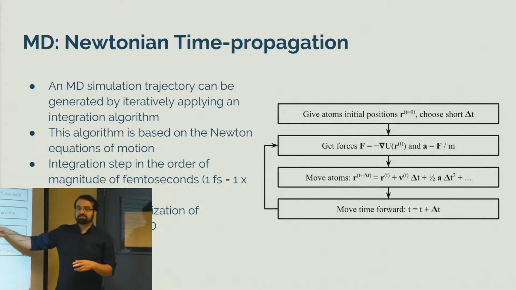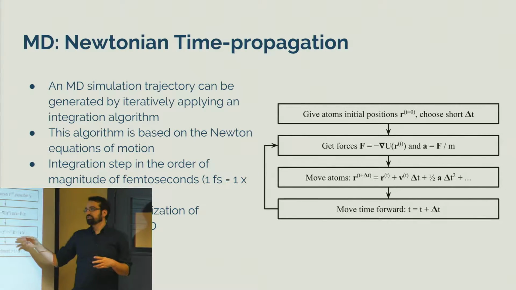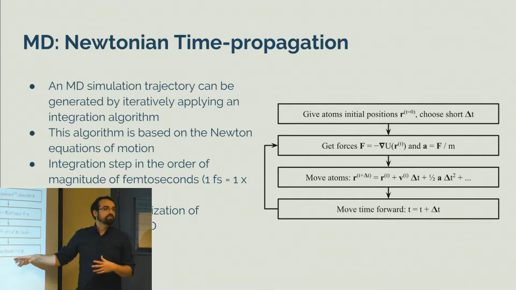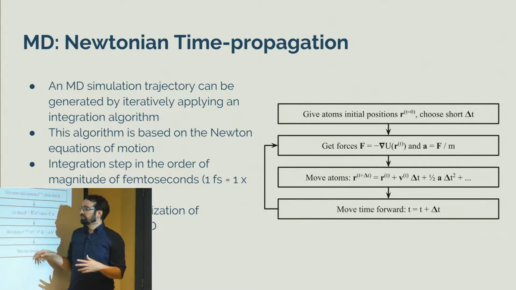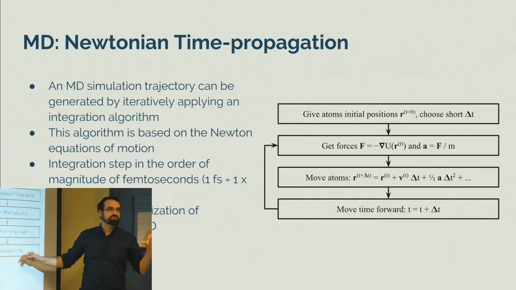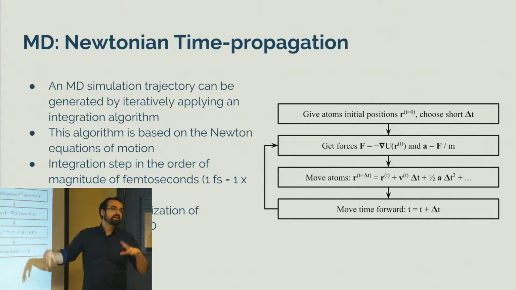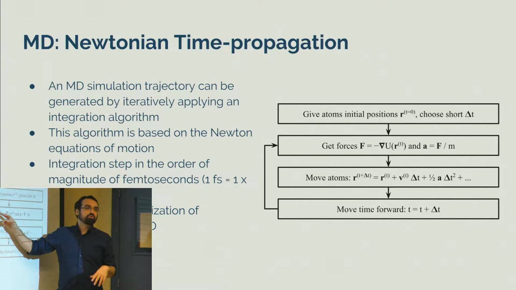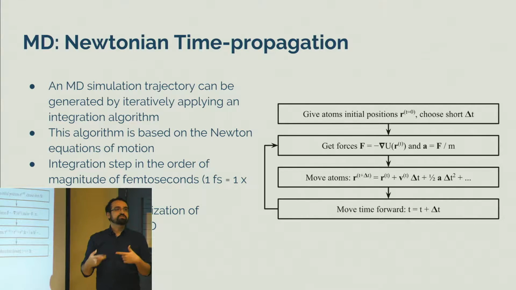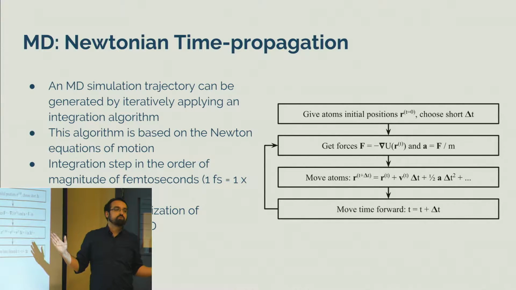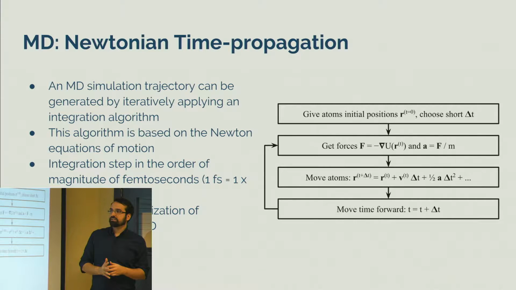So then we just update the initial positions to the new positions, move the time forward, and then we iterate. With these new positions, we calculate again under our model the new forces, and so on and so forth. And we do it iteratively for as much time as we want. Then it depends on the computation that we have available.